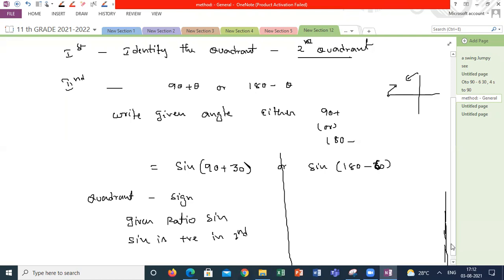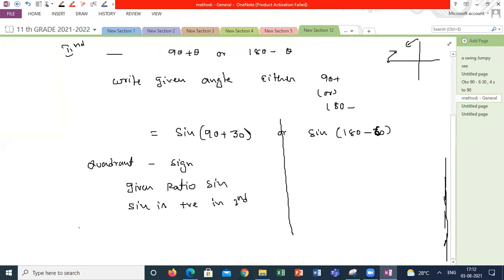So if I take sine of 90 plus 30, I will get plus. If it is 90 plus 30, write its complementary angle. If it is a complementary angle plus angle, you will get cos. Write the angle as it is. So the answer is plus √3/2.